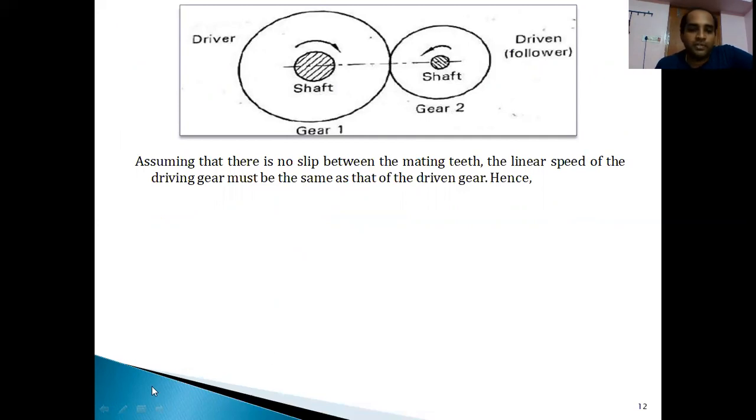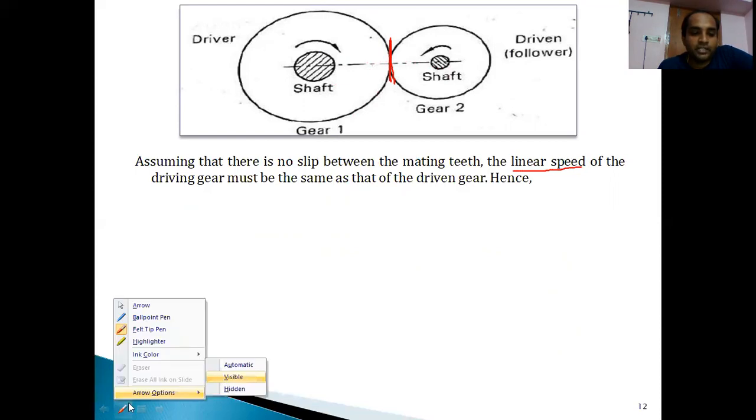At the mating teeth, where the two gears are meeting one another, the linear speed of the driving gear has to be equal to the linear speed of the driven gear. So depending upon this, how can we write this, let us see.